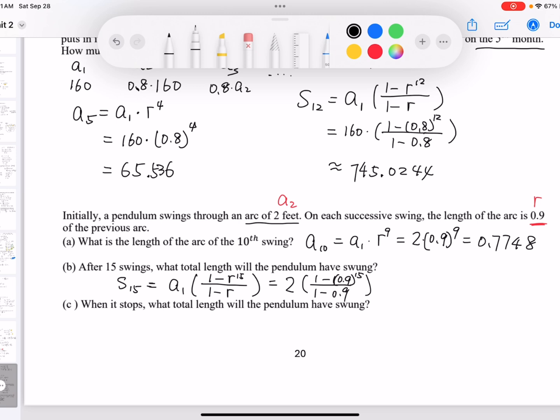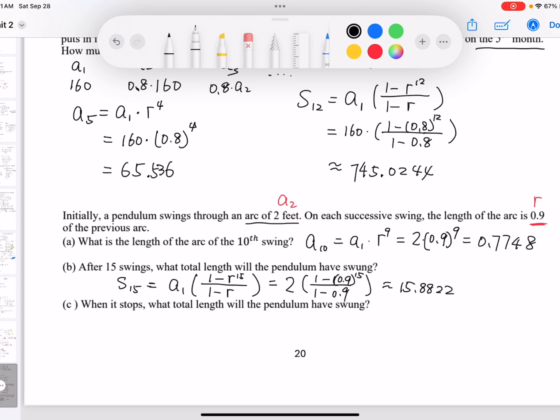And then this one is equal to 15.8822 feet. So the first 15 swings, the pendulum will swing 15.885 feet.